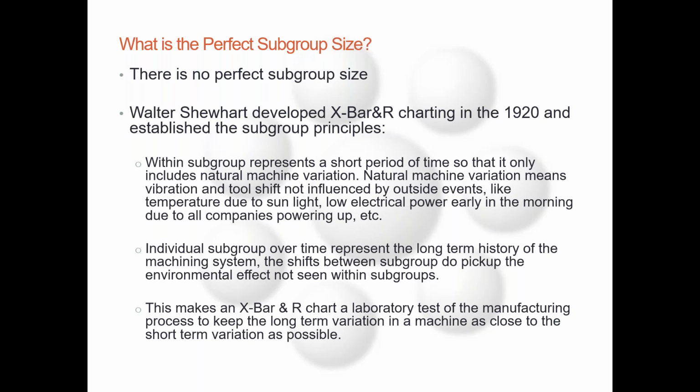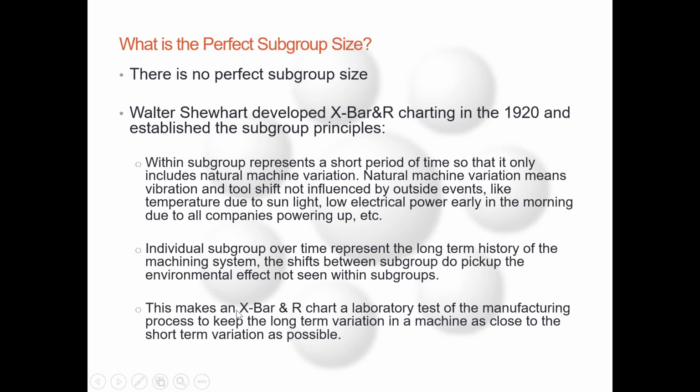The shifts between subgroups do pick up the environmental effects not seen in the subgroups. You'll see this most often in plastics. Plastics can be quite variable based on whether or not the sun's out, but you go, but I'm inside an air-conditioned room. Trust me, the sun coming out, the fact that it rained today, a whole host of things can make plastics jump all over the place.